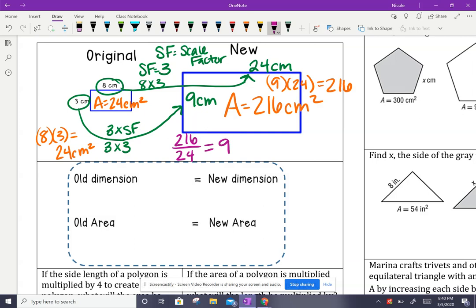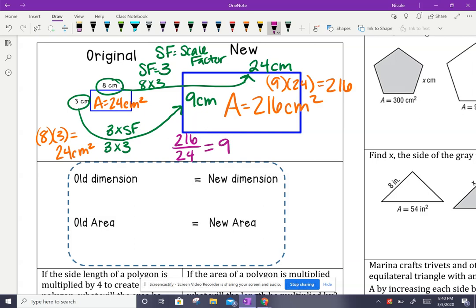So if you think about that, the scale factor was 3, and the division of my two areas, 216 and 24, gives me 9. What is that relationship between 9 and 3 that might relate here? So think about that for a second. When we look at area, what do we do to our units of measure?